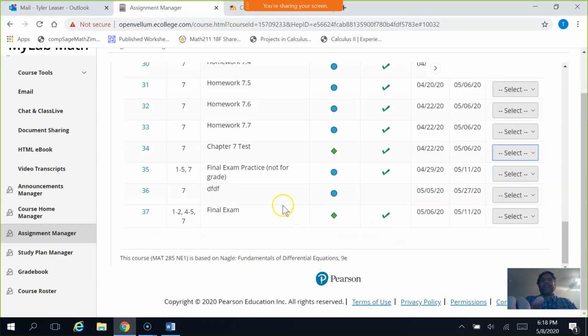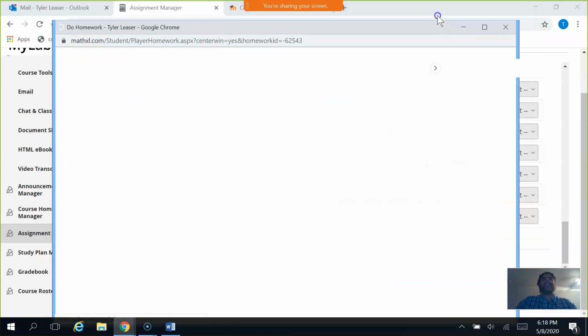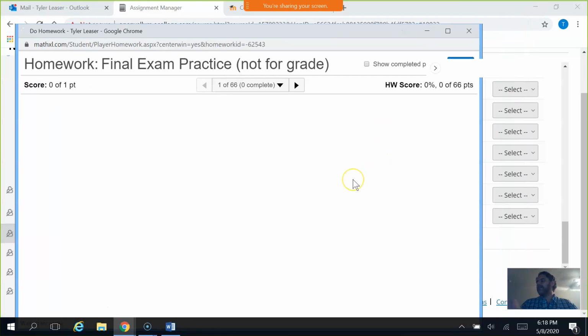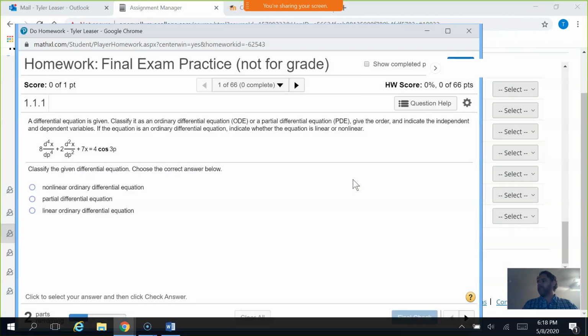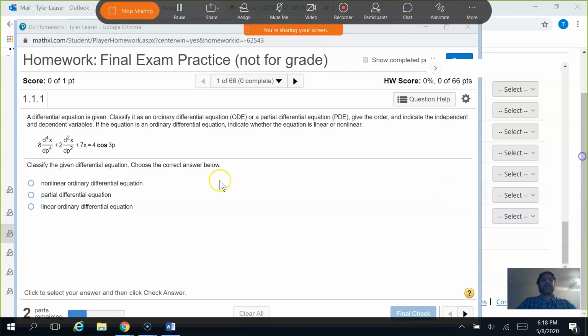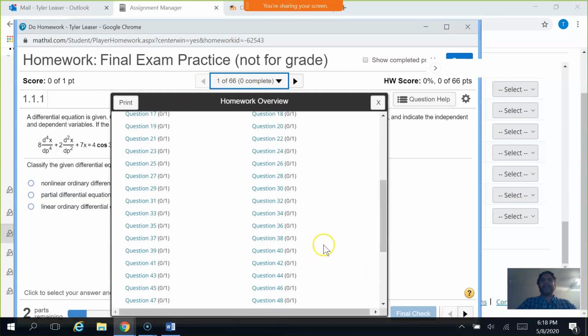But no, I try to make it so that the exam itself, the short questions really are short, like just a few lines to kind of get to the right answer. Anything else? Any other big questions? Otherwise, I was just going to jump into the final exam practice again, like we did yesterday.